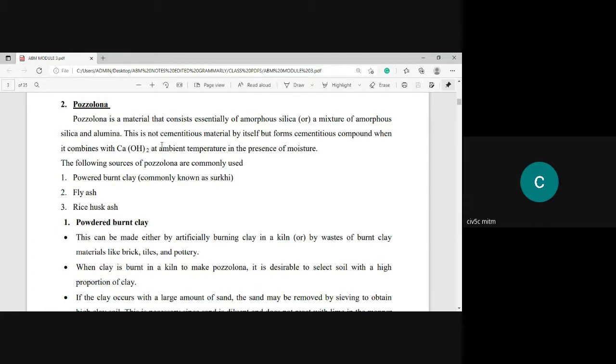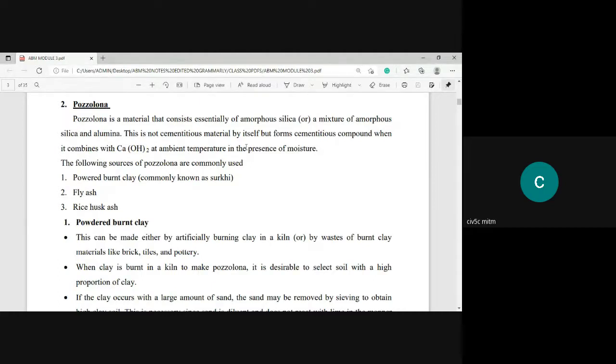That means it may demand lime. The pozzolana will be active, or will behave as a cementitious material, only when it reacts with lime or calcium hydroxide at ambient temperature in the presence of moisture or water. Is it clear? This is the definition.